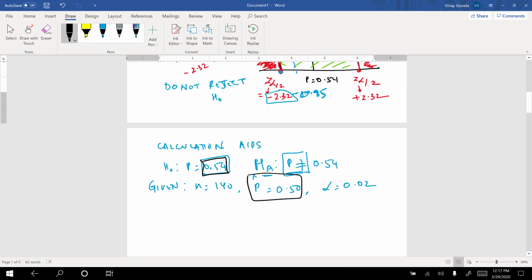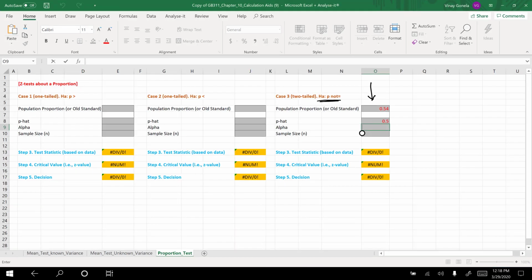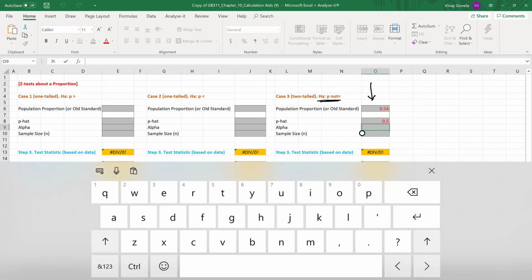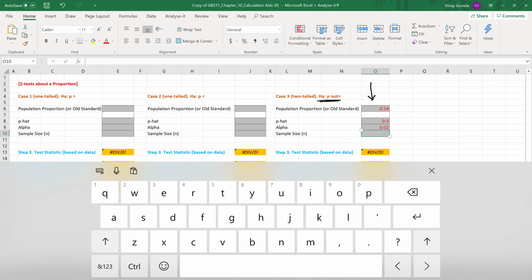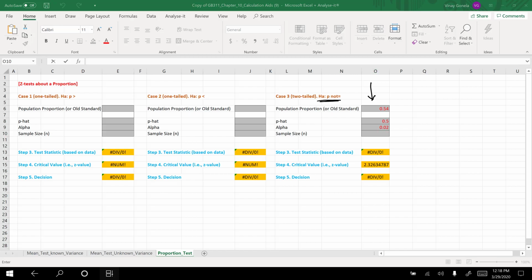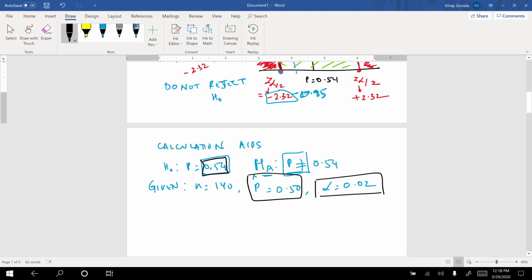Alpha is 0.02, and then the sample size is 140.